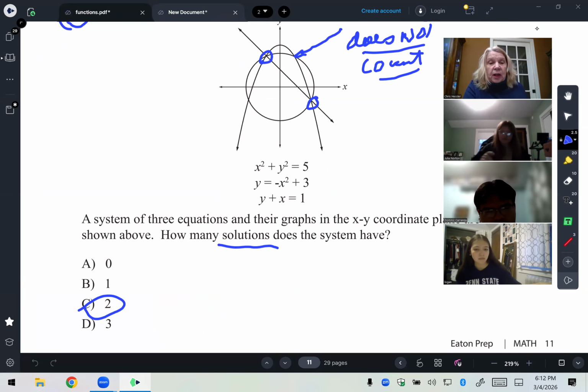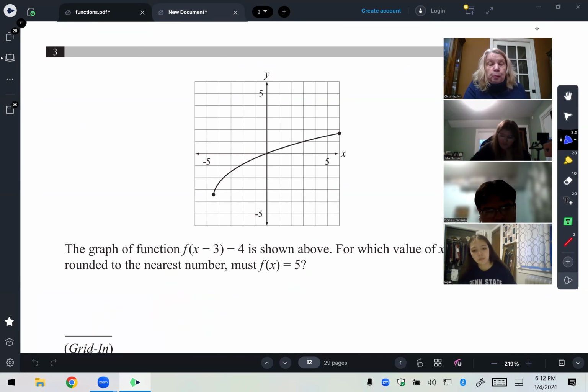This one's a little tricky. You have to sort of think backwards. The graph of the function f(x) = |x - 3| - 4 is shown above. We want to get f of x is 5. So if we go to this point, 3 over 1 up. Okay, we want to undo what we did.